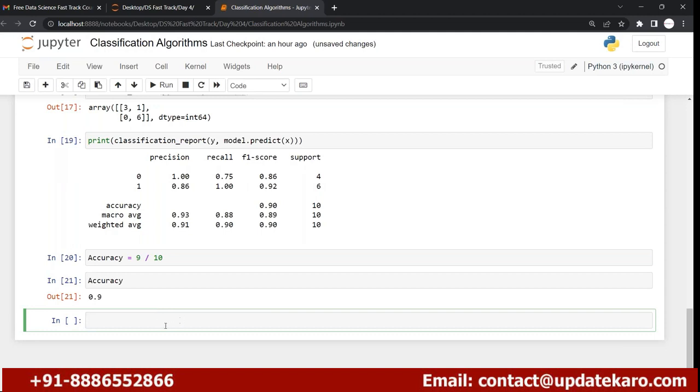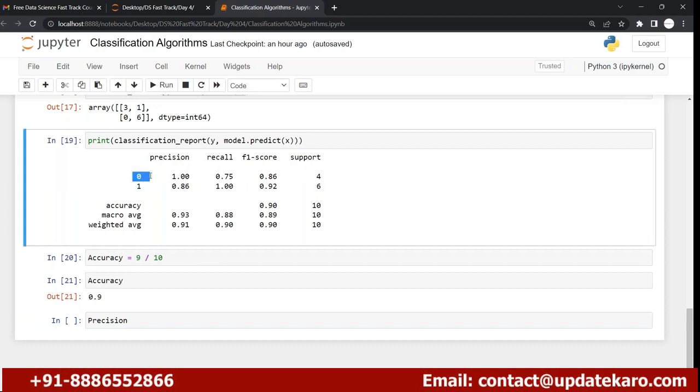Now what about precision? In simple words, precision is nothing but the accuracy of your positive predictions. If you are talking about class 1 as the positive, or if you are talking about class 0, you can say the accuracy of your prediction of class 0.